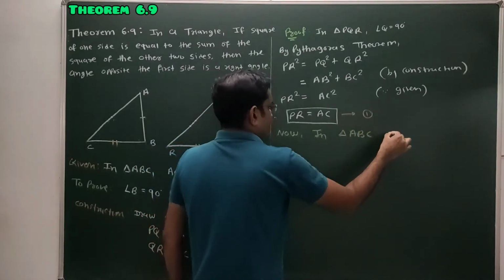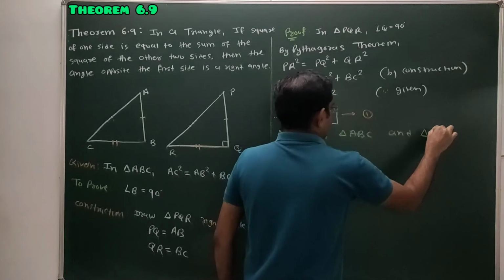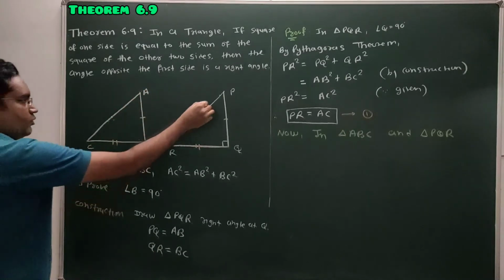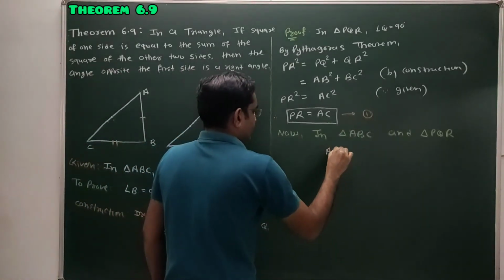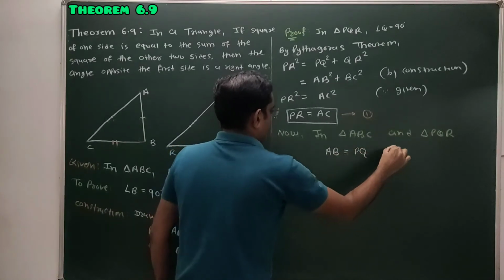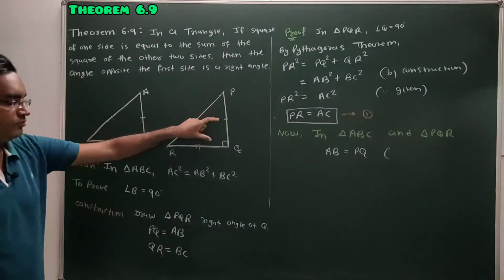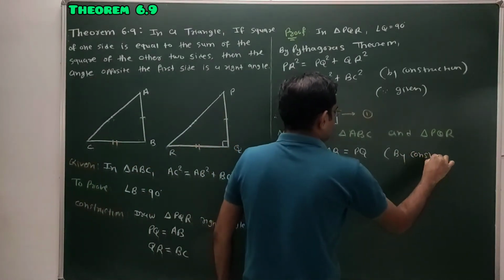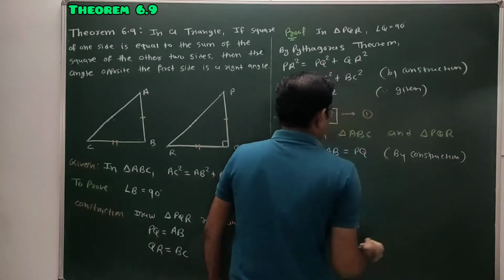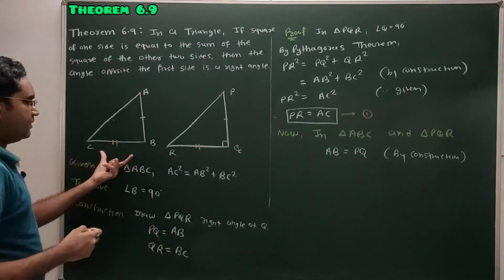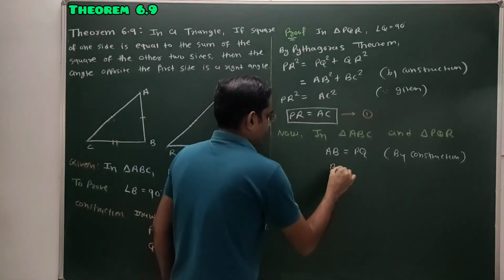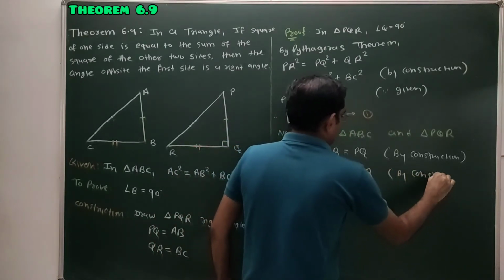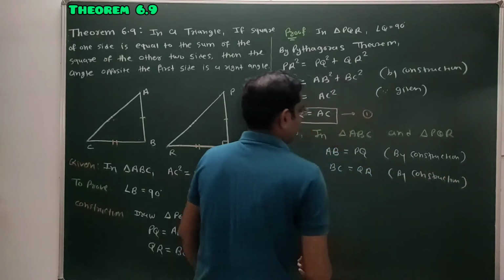In these two triangles, side AB is equal to side PQ by construction, and side BC is equal to side QR, that is also by construction.